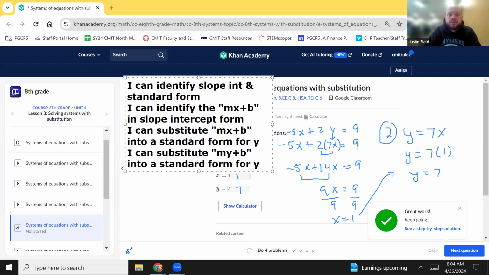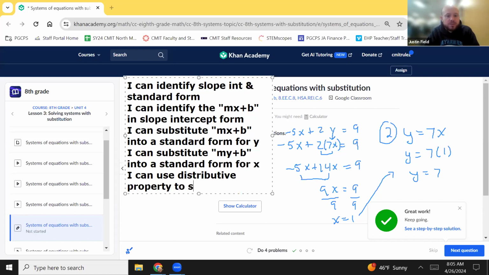You might see it like my plus b, if they just switch the x and y, so that could happen. Don't worry about that. I mean, it could happen, I'm just saying. And then I can use distributive property to simplify. I can combine like terms.